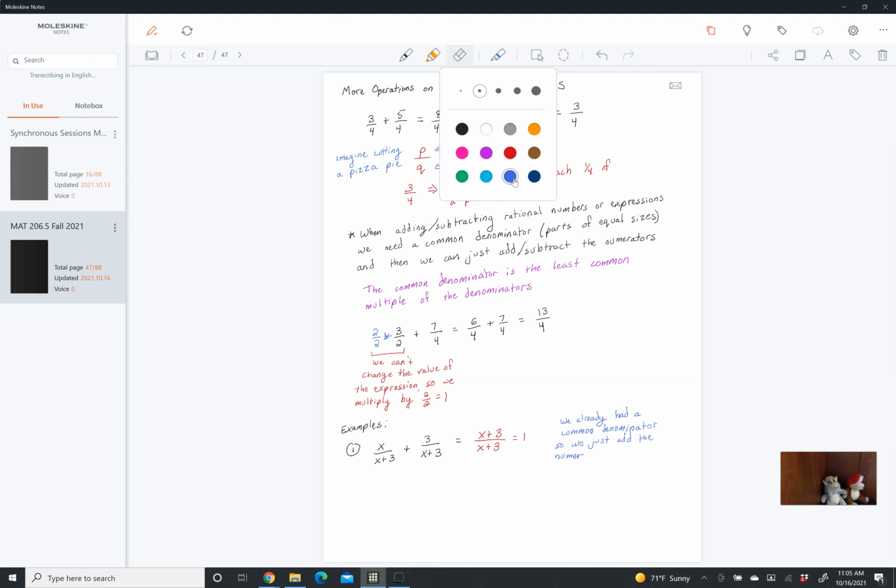And simplify our answer. Simplify is really important here. People forget to do that. X plus 3 over x plus 3 is 1. You should write it as 1. Okay. Let's take another example.